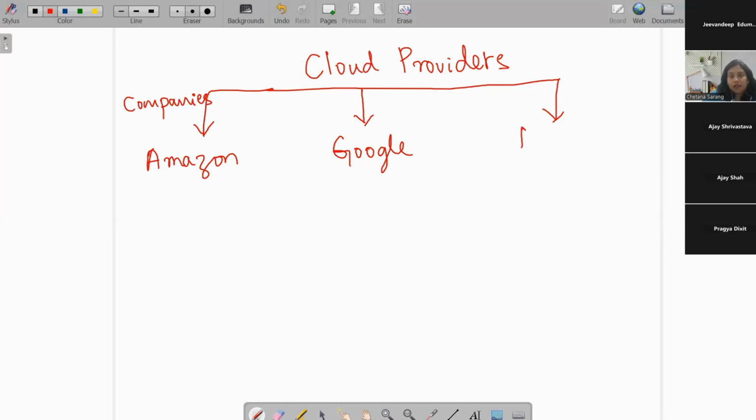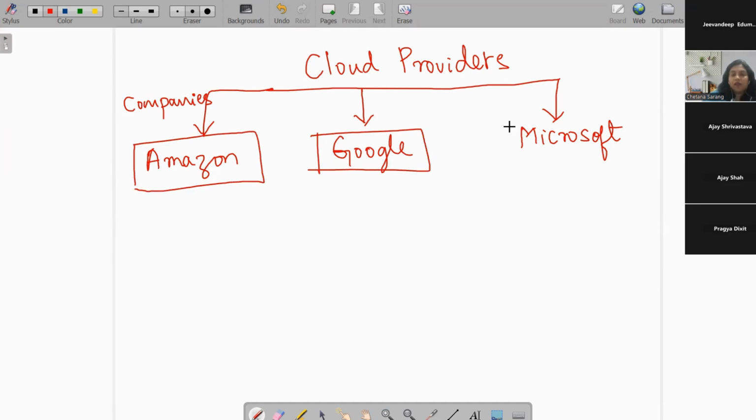Yes, exactly. It is Microsoft. So there are many small players, local players, but these are leading the market in the world, big giants. Nobody can compete with them. We have IBM as well, but these are the three giants. Amazon, Google, and Microsoft. These are the names of the companies who provide cloud services.